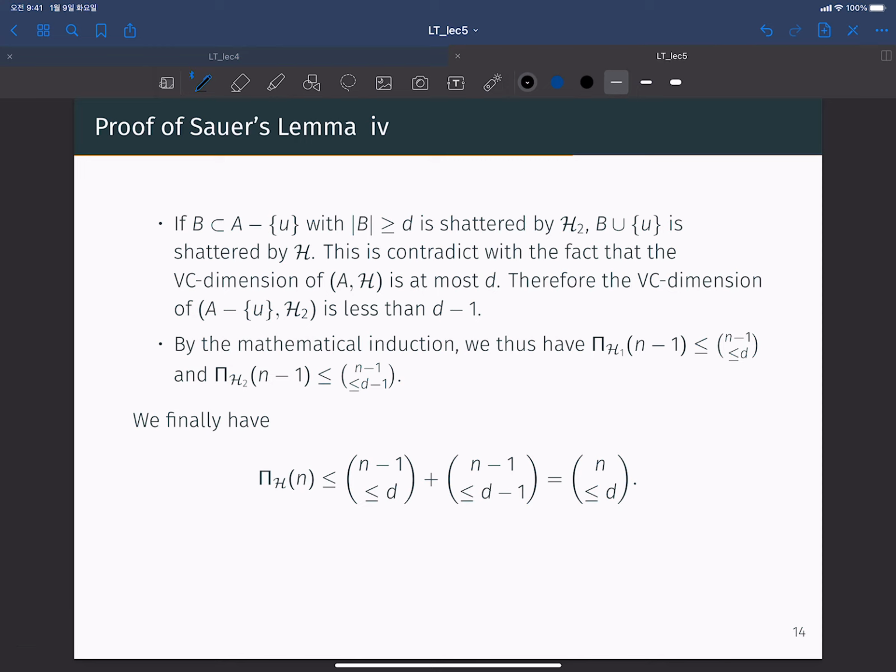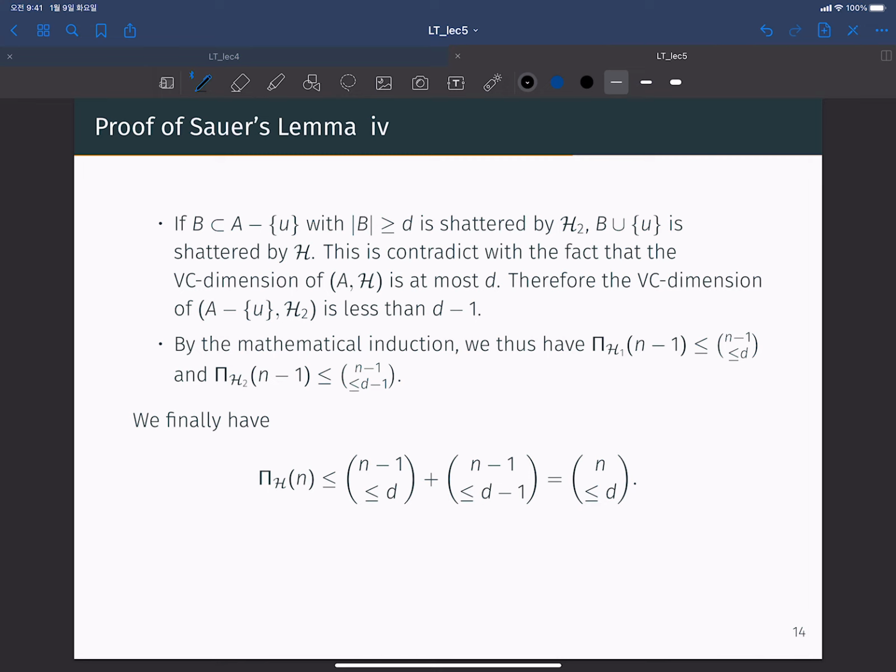If B is a subset of A minus U with cardinality greater than or equal to D, which can be shattered by H2, then B union U is also shattered by the original hypothesis set H. This means the original hypothesis set H can shatter D plus 1 elements, which again contradicts our main assumption that the original hypothesis VC dimension is equal to D. So therefore, the VC dimension of A minus U with H2 is at most D minus 1.